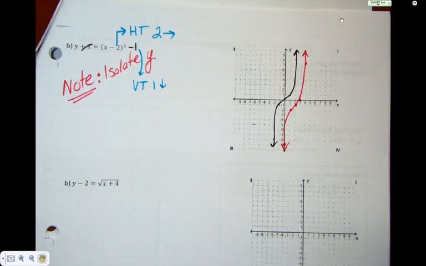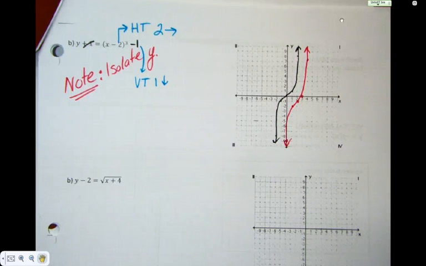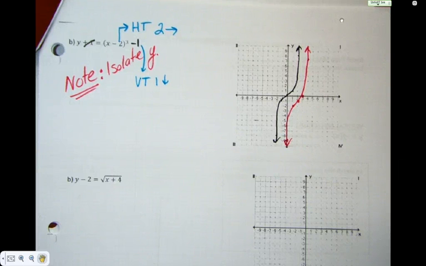Step 3, draw the transformations. And step 4, double check the description. So make sure the description matches your graph.